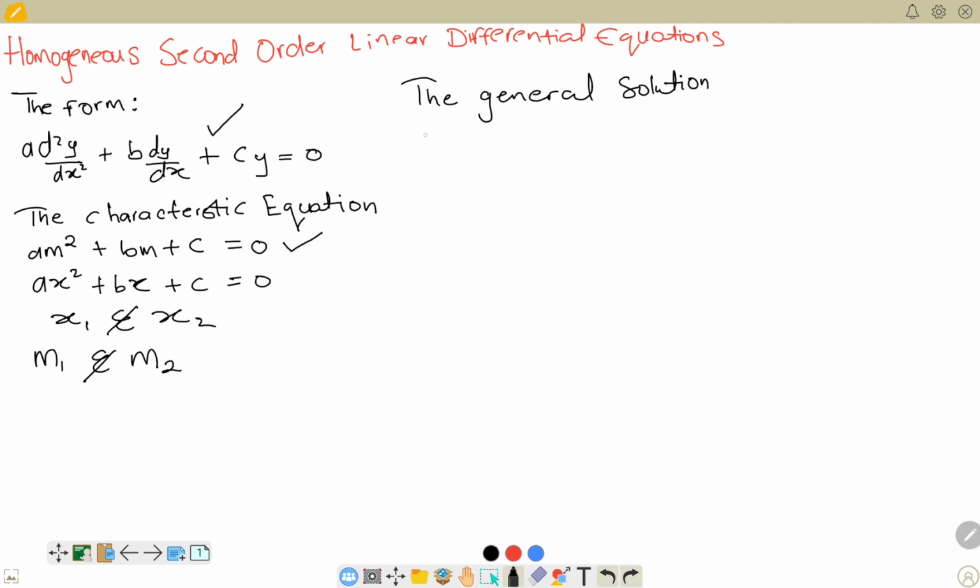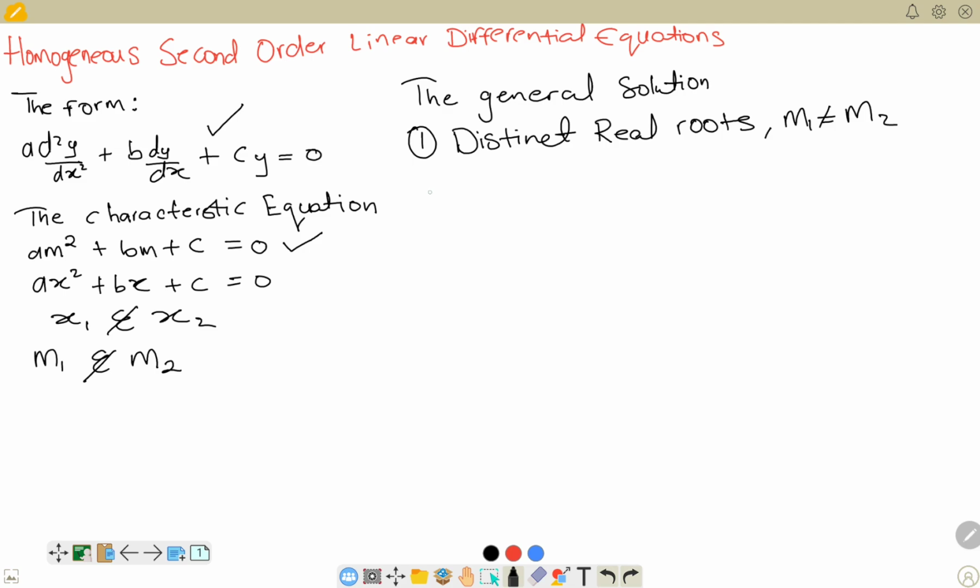So you will find that when you find the values of m1 and m2, there will be cases where they are not the same. So we'll call this case distinct real roots. This means that m1 is not equal to m2.